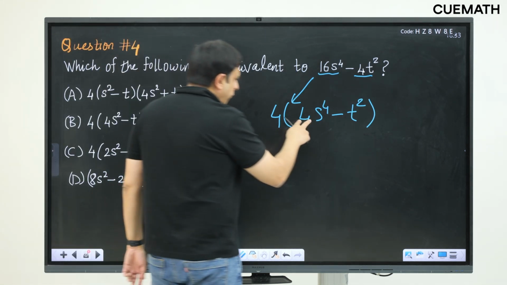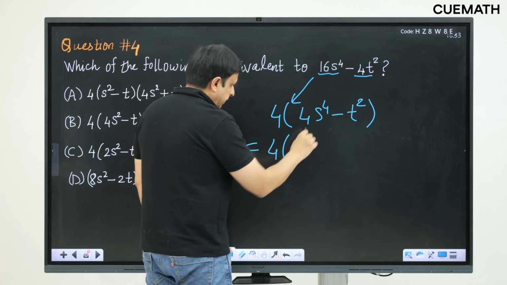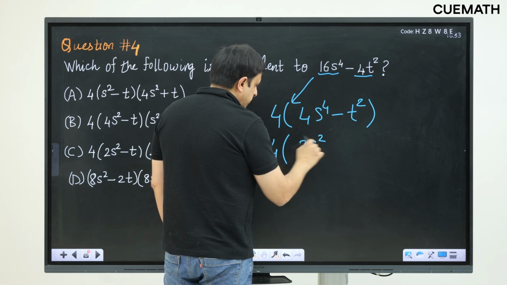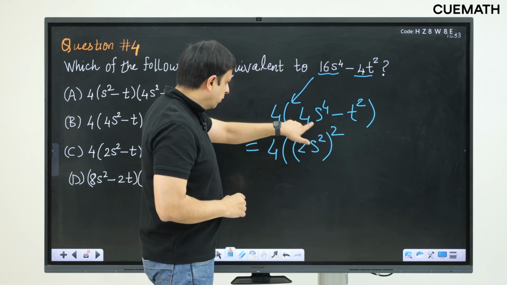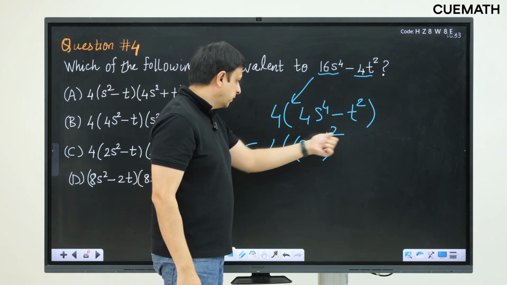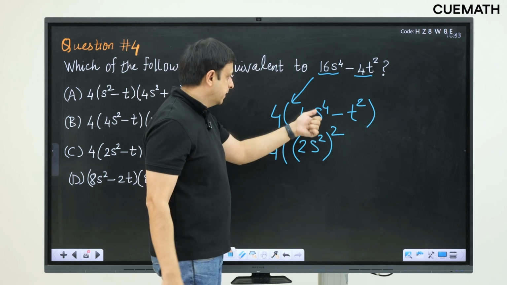So, now you have 4s to the 4 minus t square. So, this 4s to the 4, I will write as 2s square and the square of that. Observe this carefully. I wrote 4s to the 4 as 2s square and the square of that, because if you take the square here, 2 square is 4 and s squared squared is s to the 4.